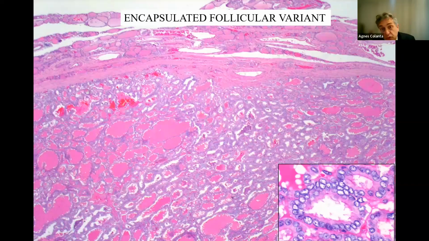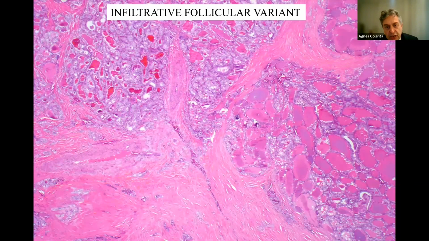So what we got is two types of animals, so to speak. The encapsulated follicular variant: you see the capsule here, and there's clearly a follicular growth pattern, and in the inset you see tumor with enlarged, clear, overlapping nuclei, the typical nuclear features of papillary carcinoma. On the other hand, you have a totally different animal here, a tumor with a lot of fibrosis.